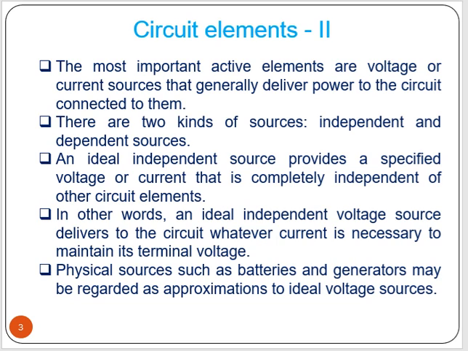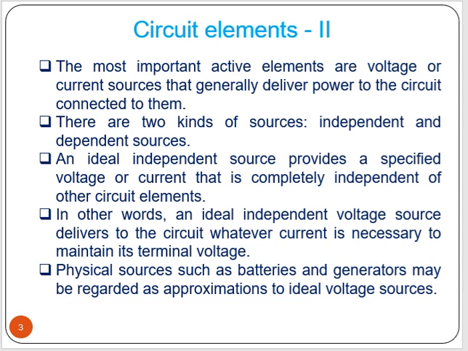Now the most important active elements are the voltage or current sources that generally deliver power to the circuit connected to them. There are two kinds of voltage or current sources. One is independent source, another one is dependent source. An ideal independent source provides a specified voltage or current that is completely independent of other circuit elements.